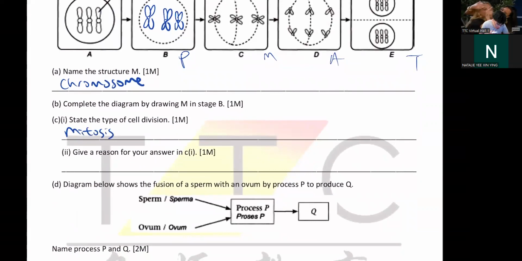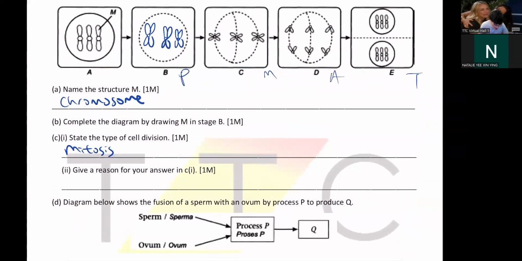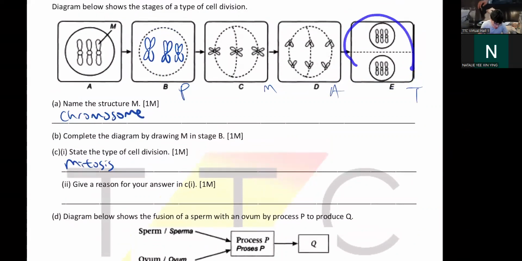Give a reason. How do you know this is mitosis? There are many reasons. You can say the number of chromosomes stays the same, or you can say 2 identical daughter cells. Identical means the same. The daughter cells look like the original cell.